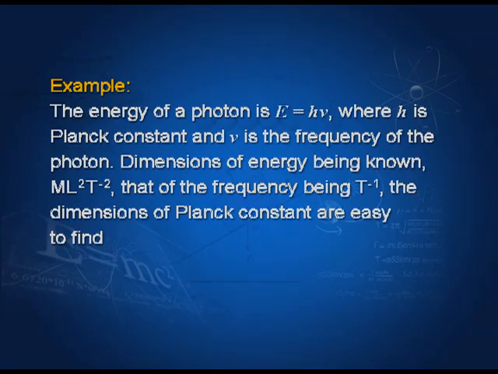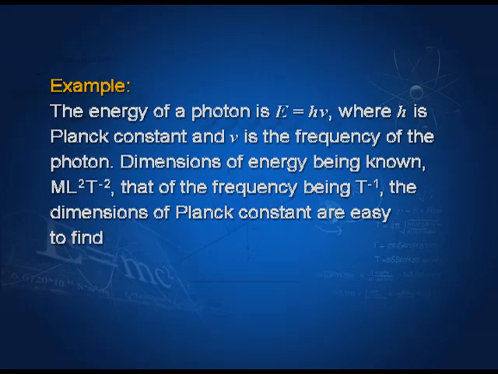Let us take an example. The energy of a photon is equal to h times nu, where h is a constant and nu is the frequency of the photon. Dimensions of energy being known, we have just derived them, M L squared T minus 2, that of the frequency being 1 by T or T to the power minus 1. The dimensions of Planck constant are easy to find.